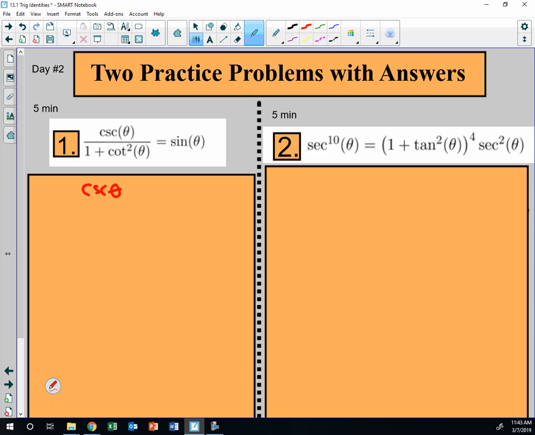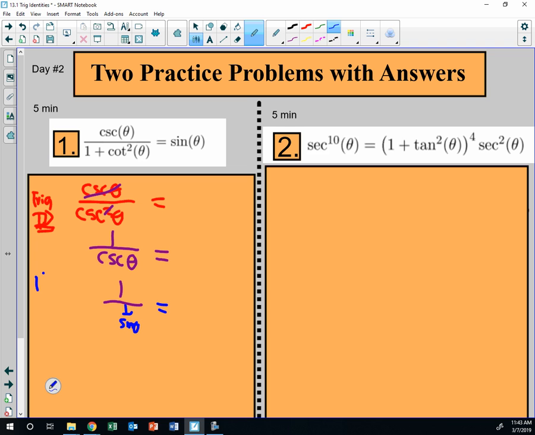Cosecant theta. 1 plus cotangent squared is cosecant squared theta. That's a trig identity. Okay, and so then one of those is going to cancel out, leaving 1 over, thank you, cosecant of theta. And then cosecant is 1 over what? What's that? 1 over sine. So you'll have 1 over sine theta.